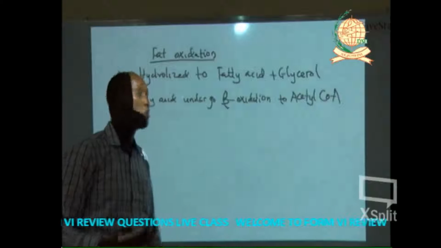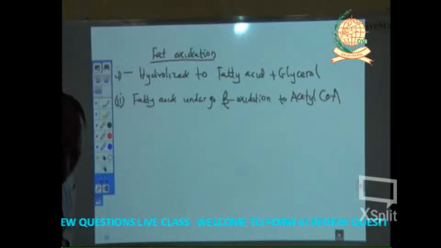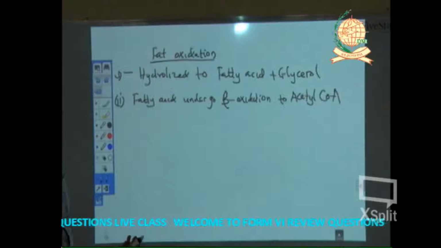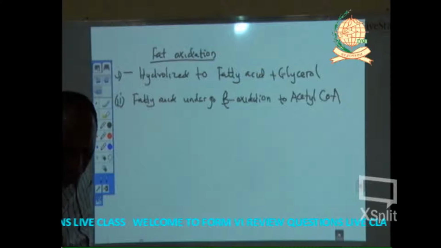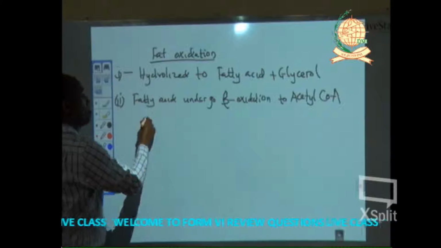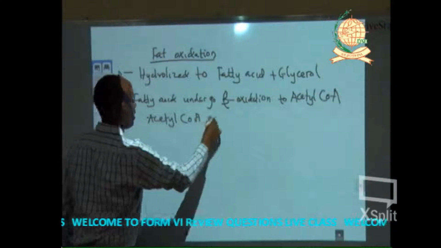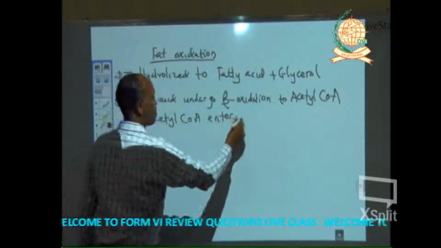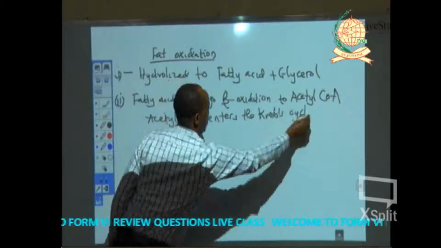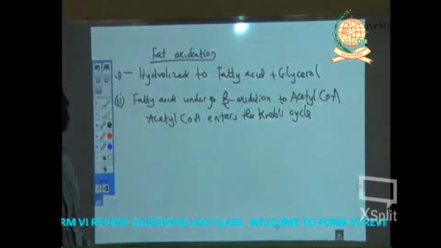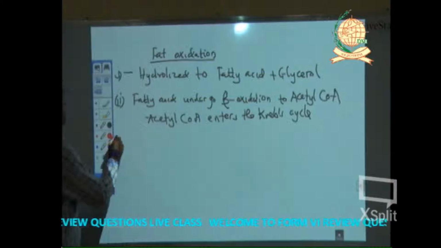The acetyl has 2 carbons. The third step is that the acetyl coenzyme A enters the Krebs cycle, as with glucose.